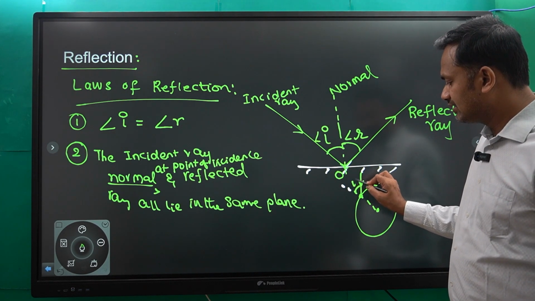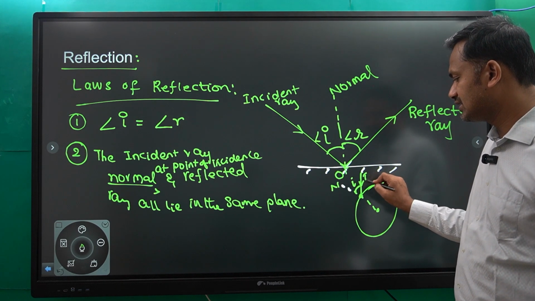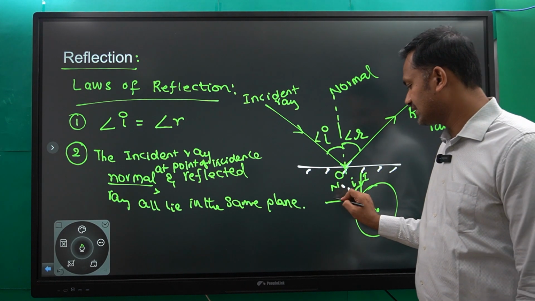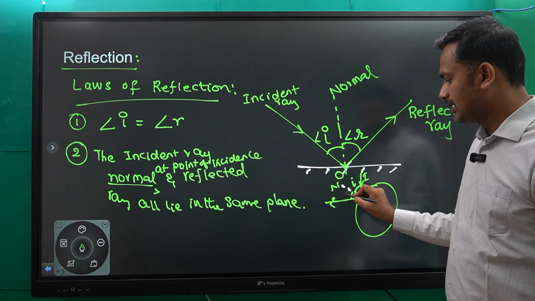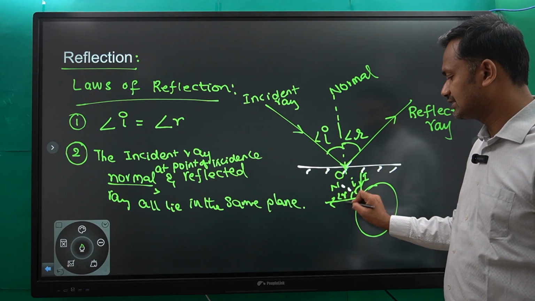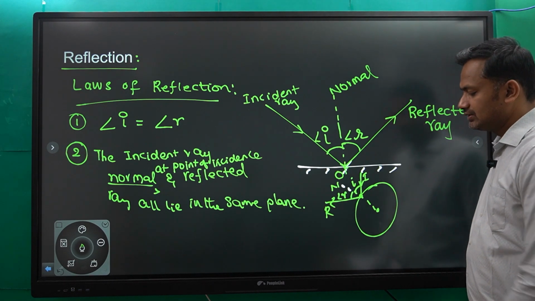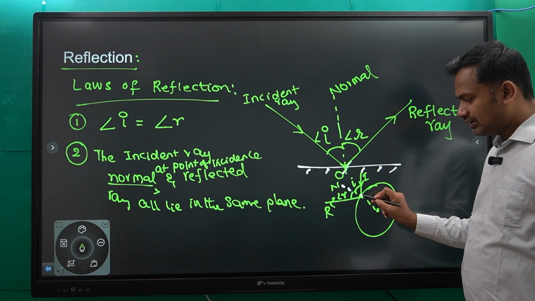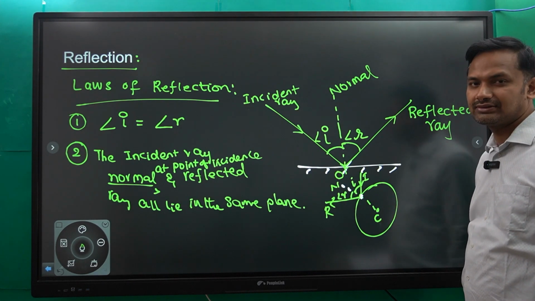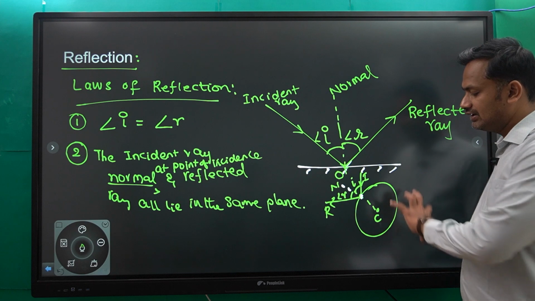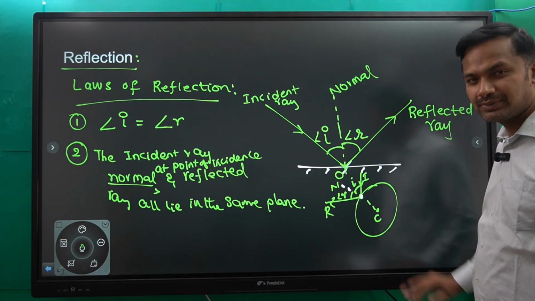This is the angle of incidence, this is the normal, this is the incident ray, and it gets reflected along this path. This is the angle of reflection, and this is the reflected ray. If you take the normal at this point, it will pass through the center of this circular or spherical surface.